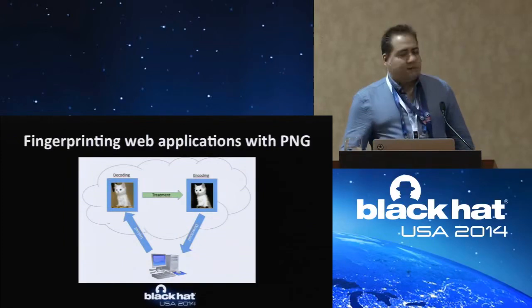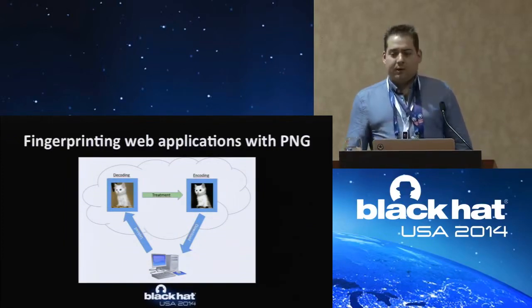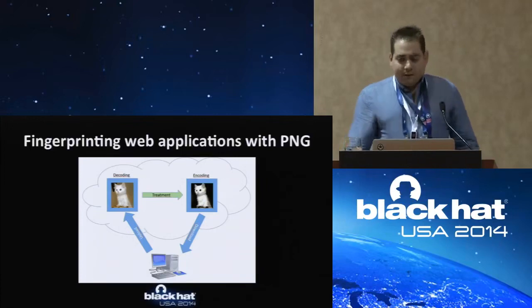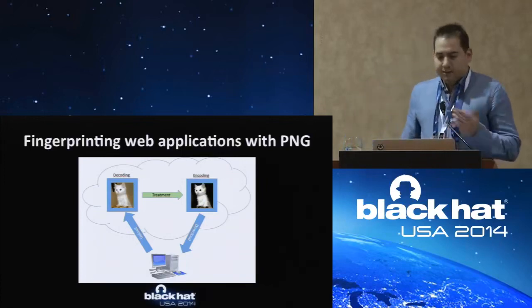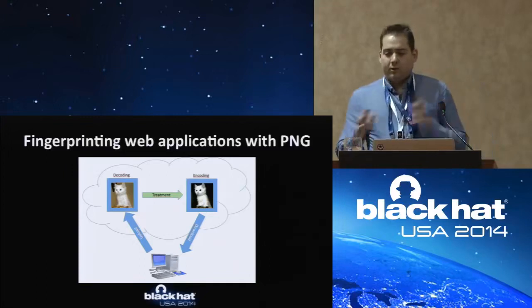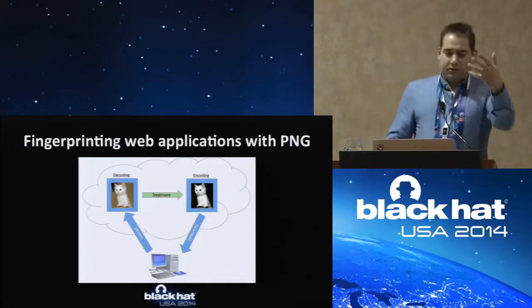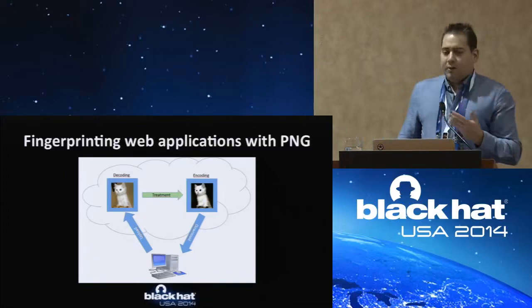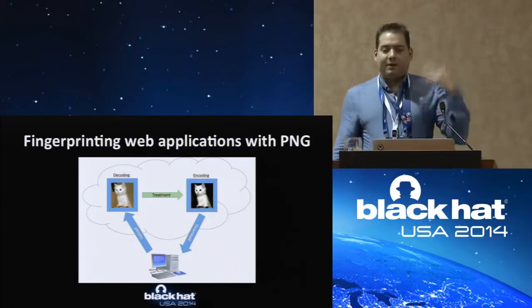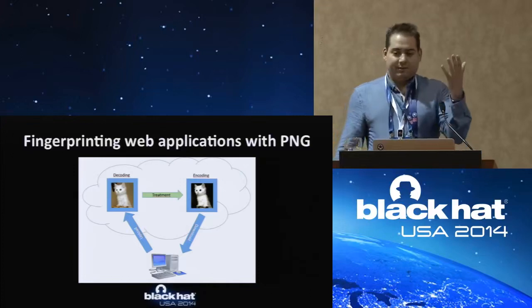Now, how can you use that to fingerprint a web application? What happens in many web applications is that you can upload an image, it gets decoded, for example for resizing or putting a watermark, and then you see the result. One common case is when you upload your profile picture on a website. You upload it and then you can see it.